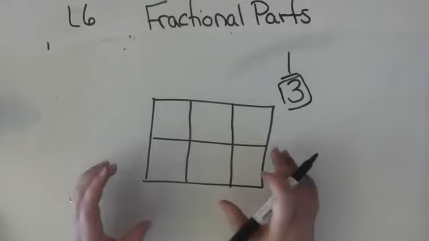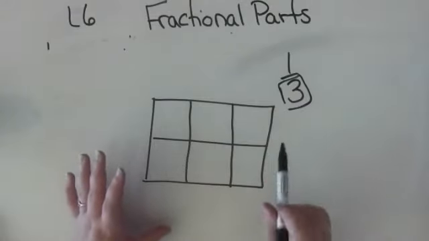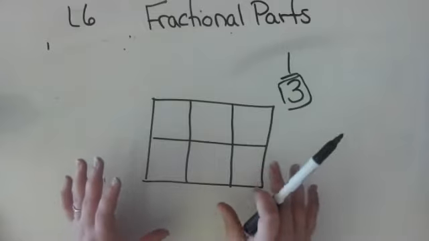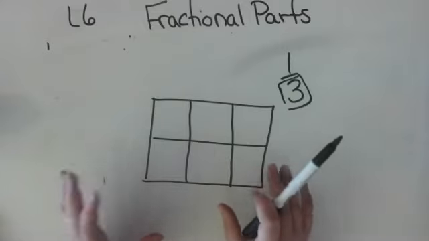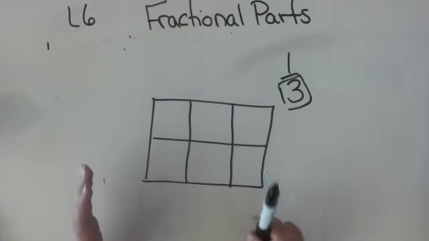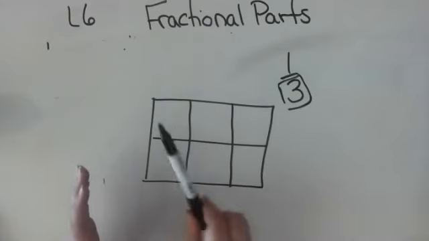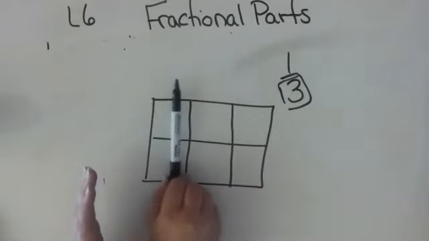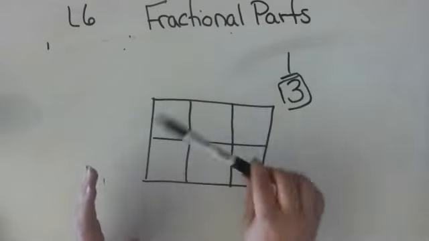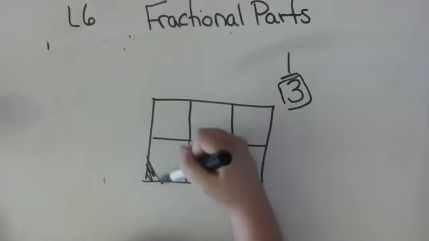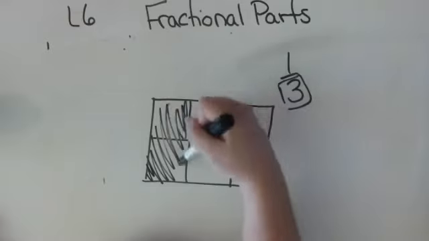This figure has 6 pieces, but we can still shade 1/3 of it. What I do then is I look at this piece, and I have to mentally split it into 3 sections. 1, 2, 3 sections if I ignore this middle line. So to shade 1/3, I would shade this section.